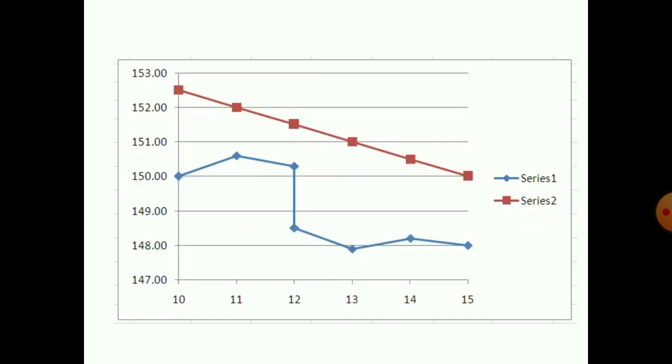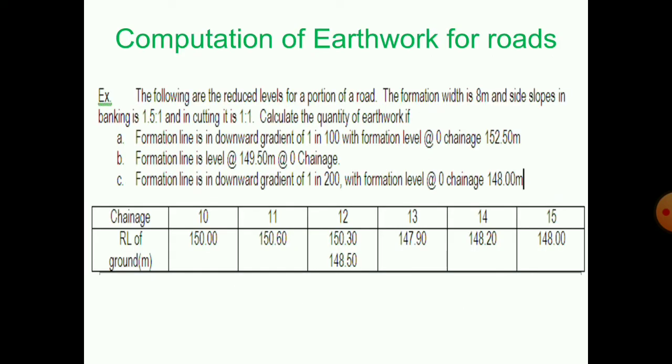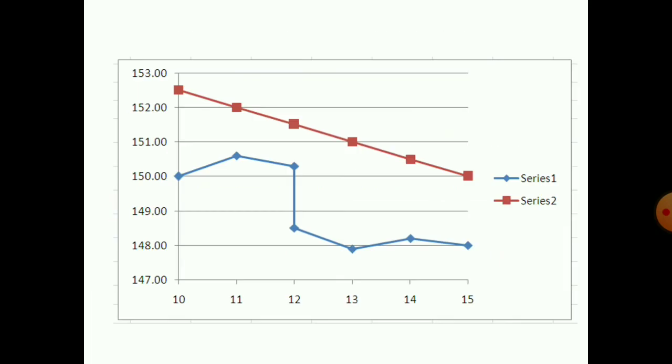Here you can see at 152.5 the first point is on the red line. Then there is a downward fall of 1:100. So for every 100 meters there is a drop of 1 meter. So at the last chainage, the 15th chainage, the formation level is 150.